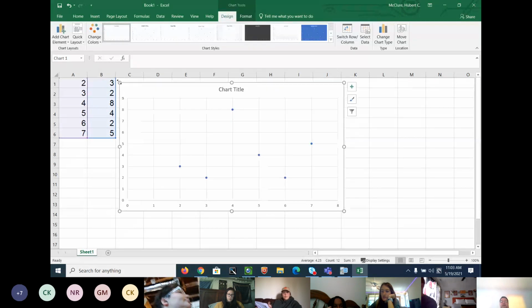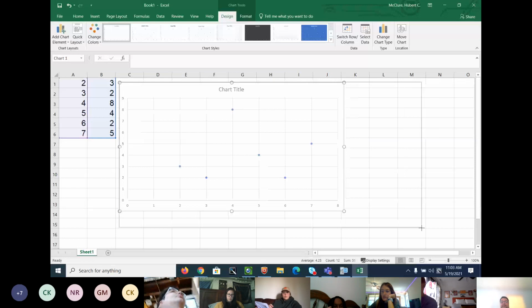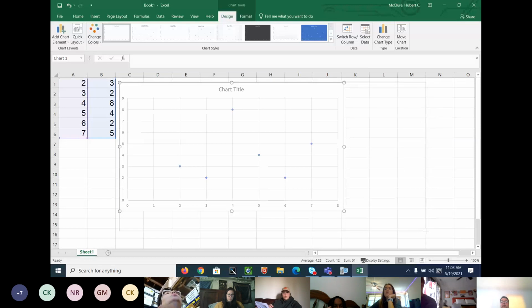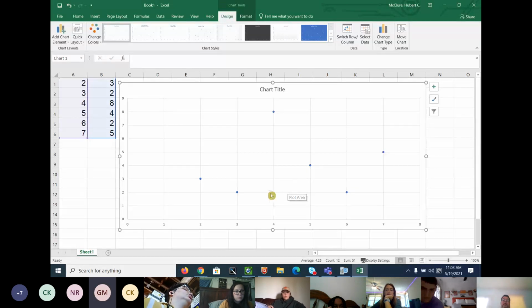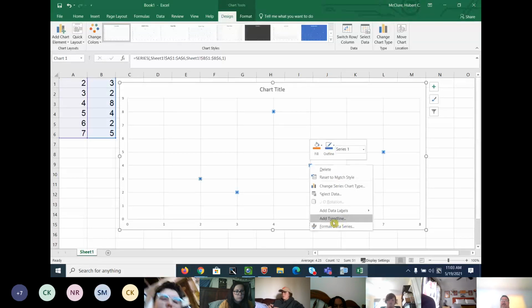It's a whole lot easier on the Excel spreadsheet. Why do I want you to use the Excel spreadsheet? What are you going to use in the real world? The Excel spreadsheet. Now, how do you find the line of best fit? Right click on one of the dots, doesn't matter which one. Go to Add Trend Line.